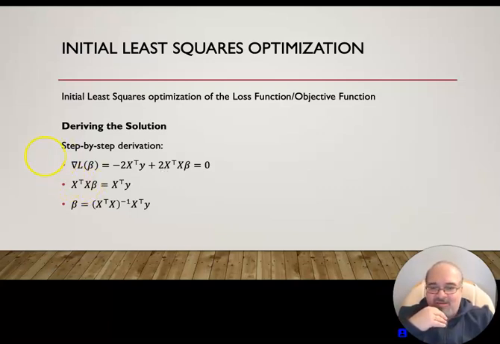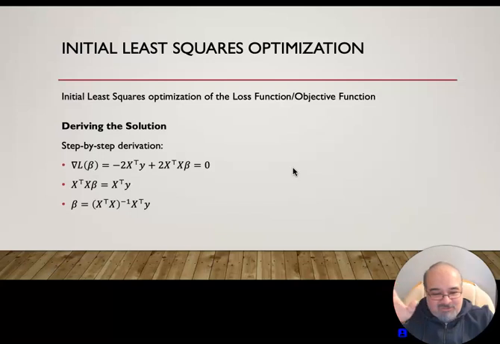And then in that next line that we have, the x transpose times x beta is equal to x transpose y. It's basically just rearranging this previous equation. And it's known as the normal equations in statistics, and it basically just moves all the beta terms to the left side.